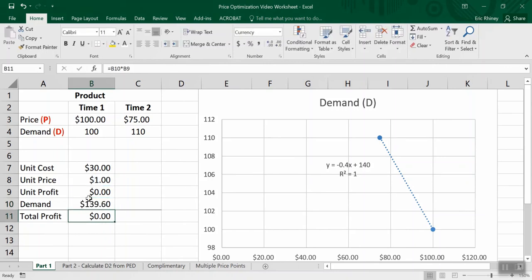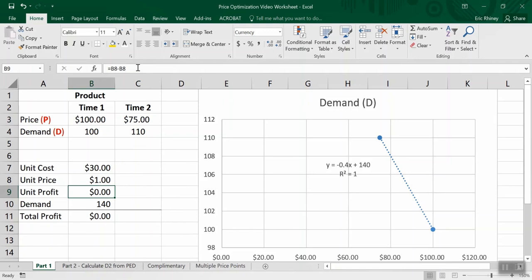If I hit enter, now if I sell these at $1, then my demand will be, and this should not be dollars, it should just be units. And since we don't sell partial units, I'm just going to round this. So 140 units at $1 would be anticipated to be sold.